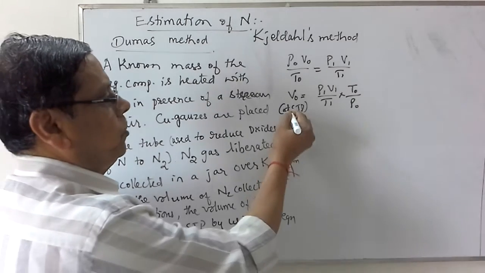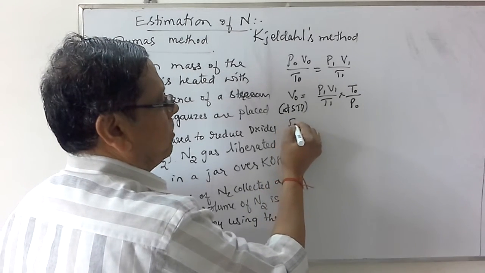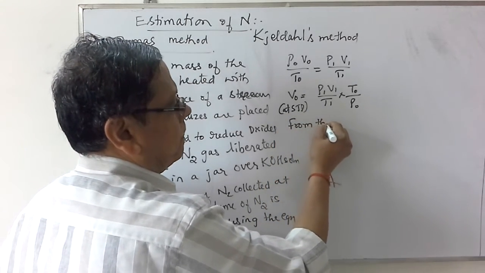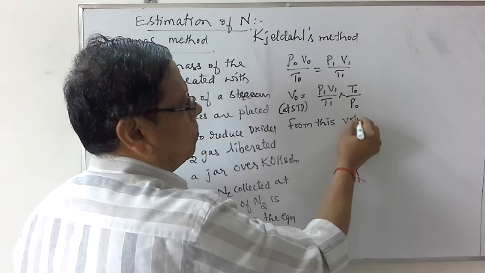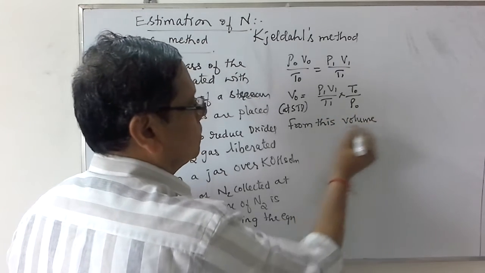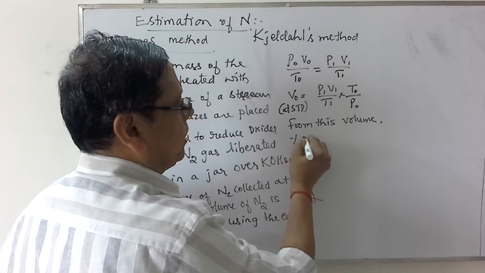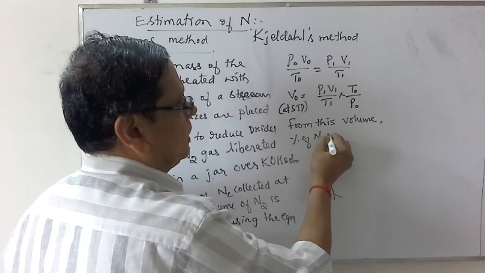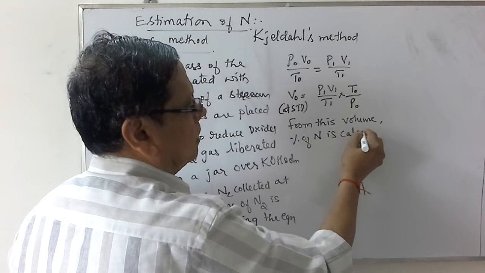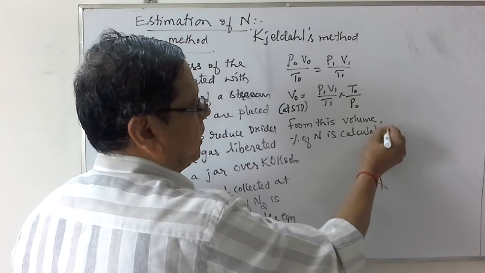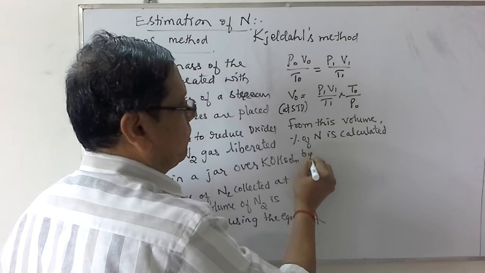From this volume, the percentage of nitrogen is calculated by using the equation.